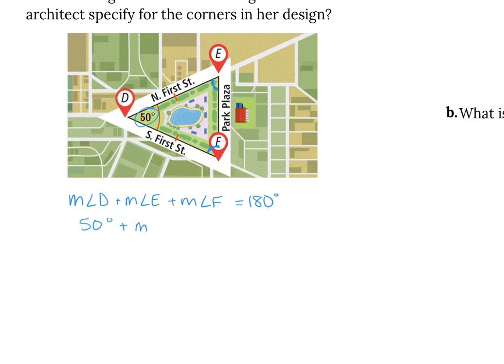So I can replace angle E with angle F because I know that they're congruent. Okay, and we can do that because we know that the measure of angle E is congruent and equal to the measure of angle F. We have our measure of angle F still, and all of that equals 180 degrees. Now I'm going to combine like terms.